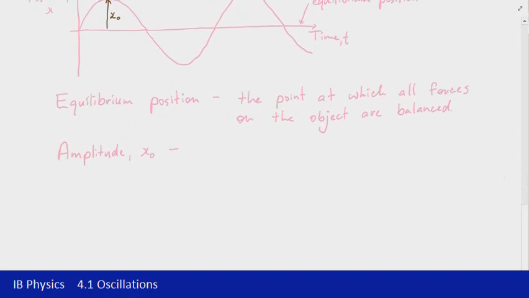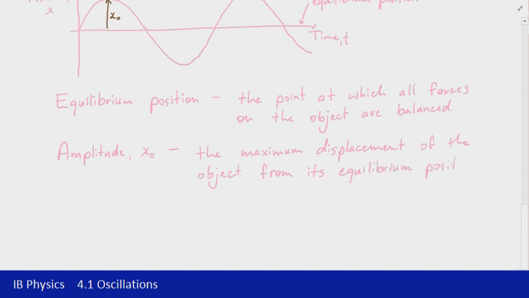So x naught is the maximum displacement of the object from its equilibrium position. Again, this idea applies to waves as well, and we'll talk there about what happens with peaks and troughs or with compressions and rarefactions. But for the purposes of considering an oscillation, it's just the maximum displacement from the equilibrium position.